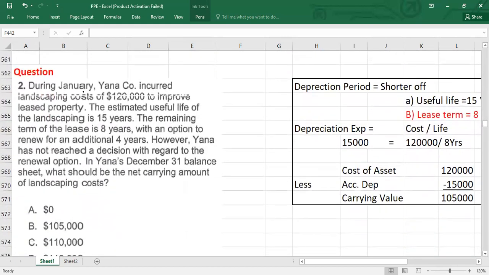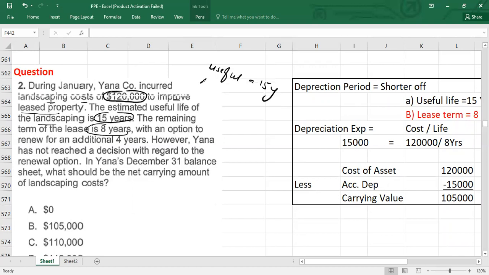So they're telling you, during January, Yana company incurred landscaping cost of $120,000 to improve leased property. Okay, so it's a leasehold improvement. The estimated useful life of the landscaping is 15 years. This is your useful life. The remaining term of the lease is 8 years.